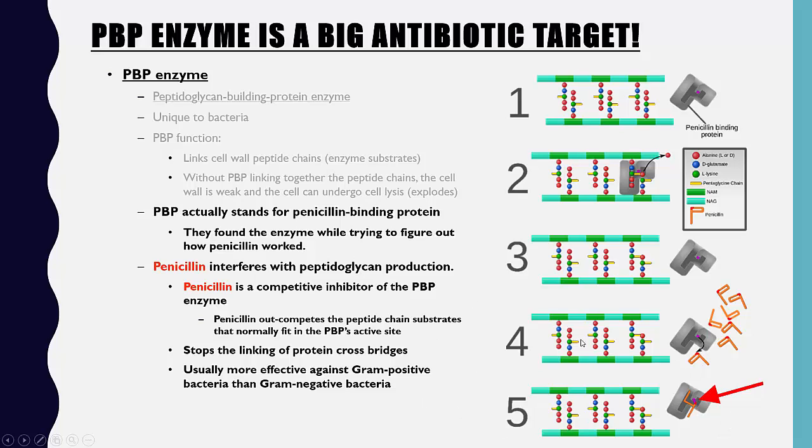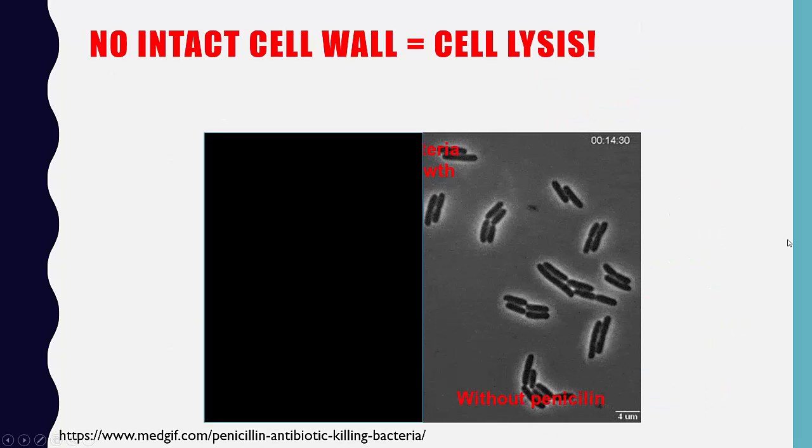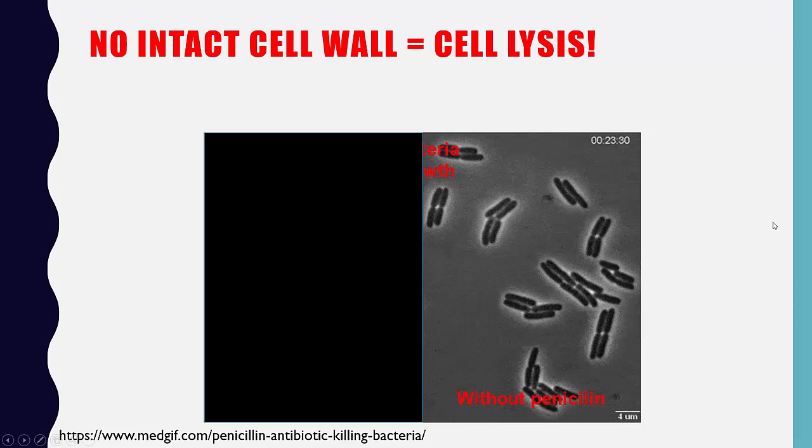So that extra protective membrane is very useful for gram-negative bacteria. So again, the outer membrane of gram-negatives blocks the access of penicillins and keeps the cell from exploding.